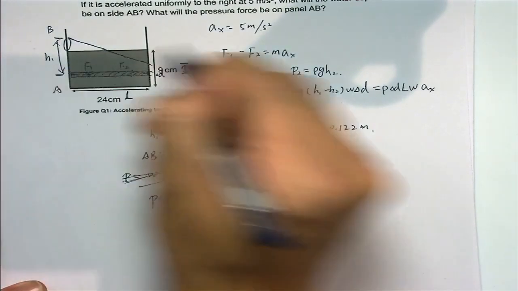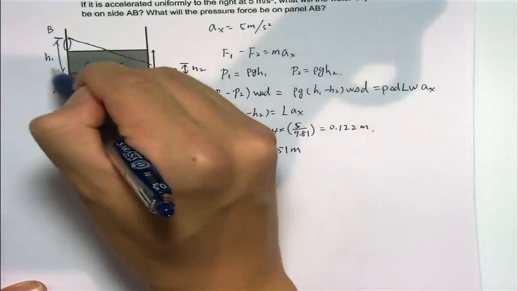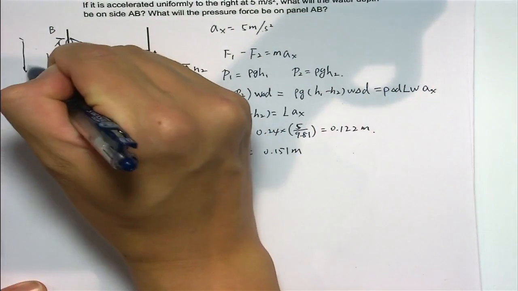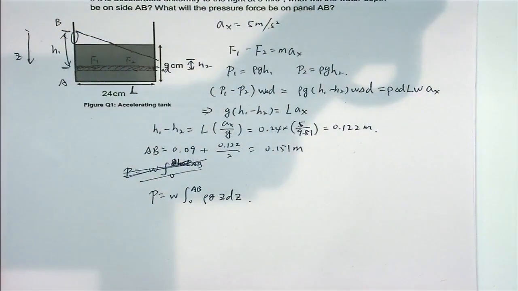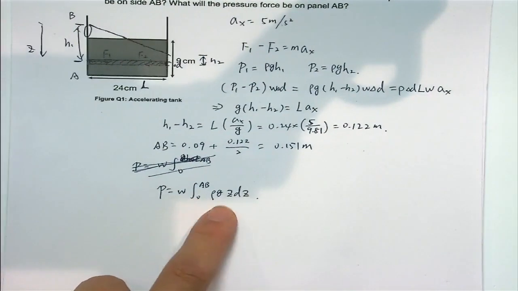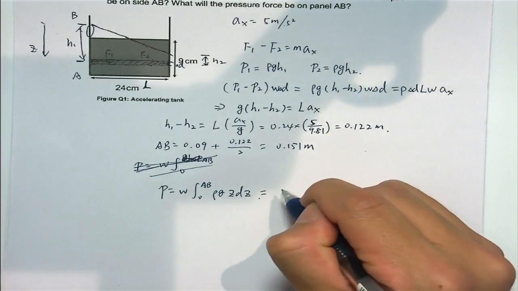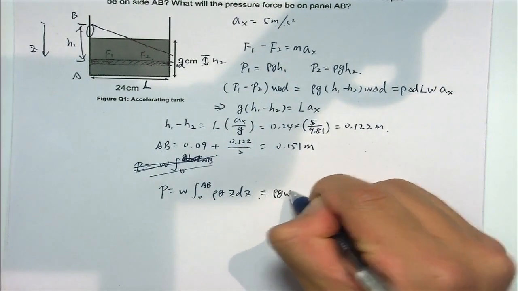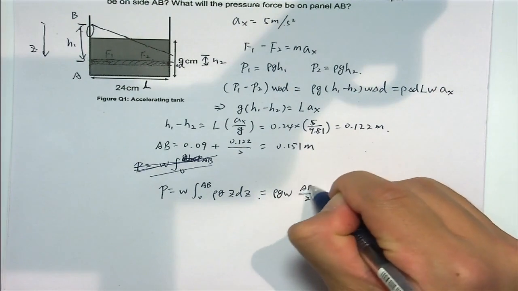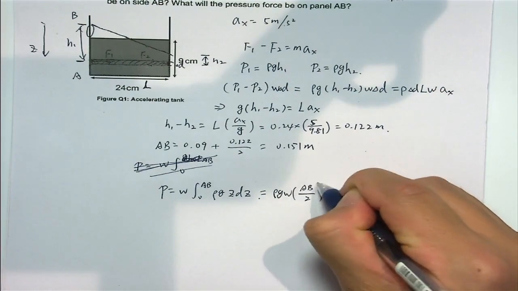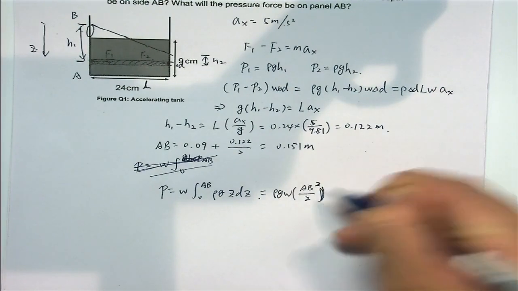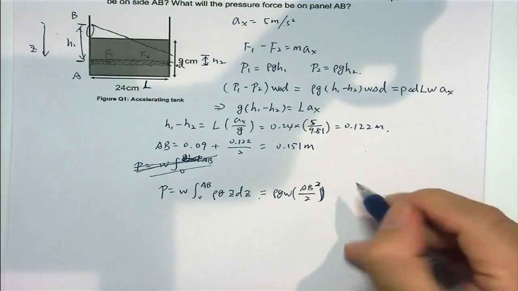So we suppose that the depth of it is D. So we got that one, and doing the integration, which is rho g W half AB squared, and then we can get the final.